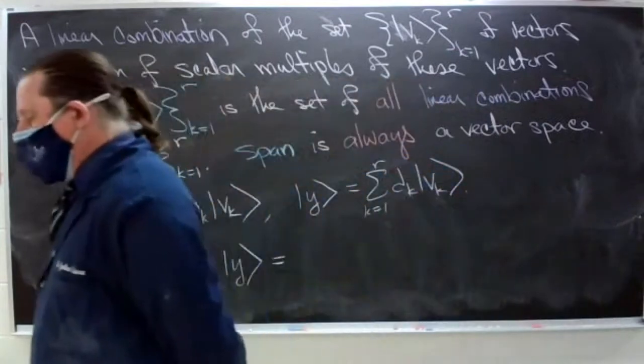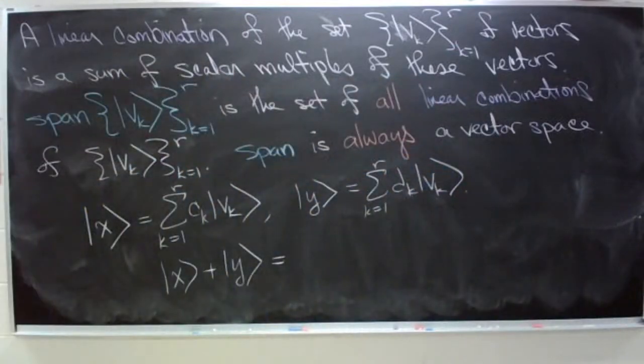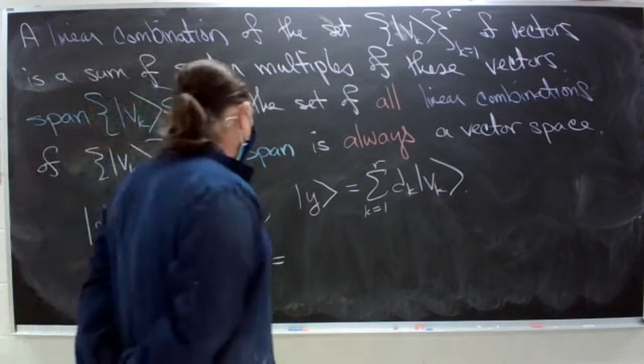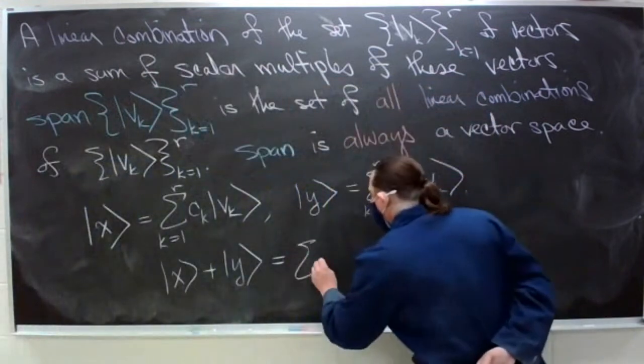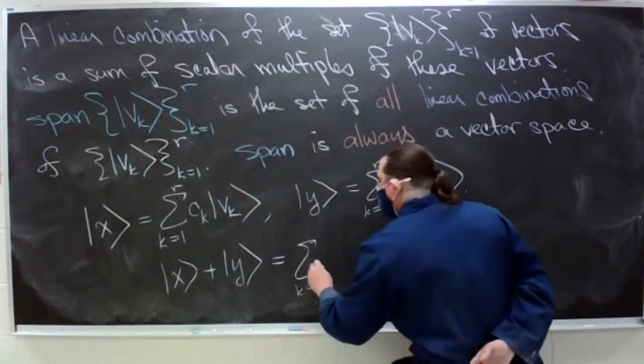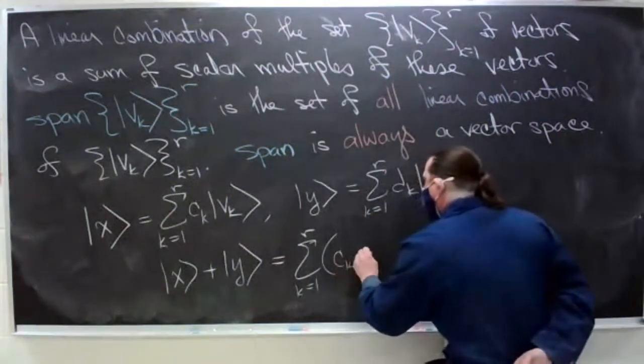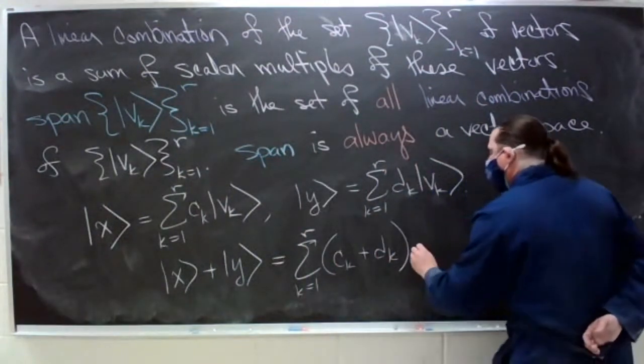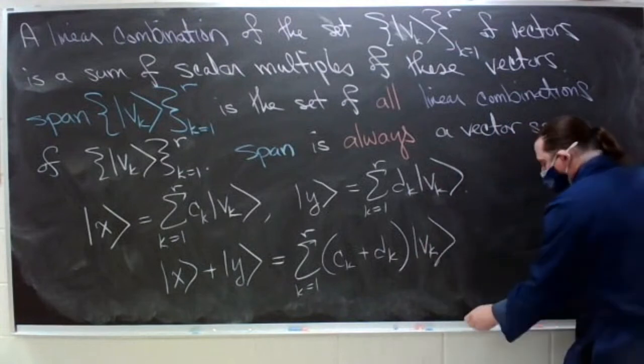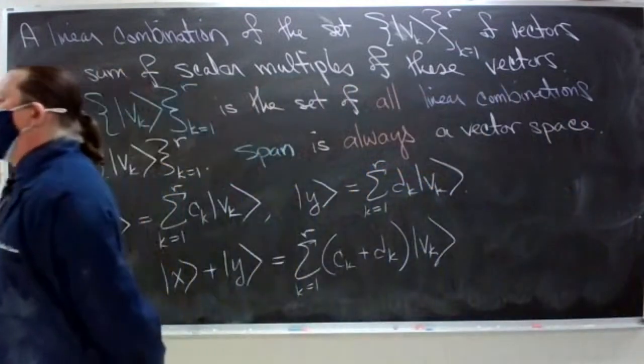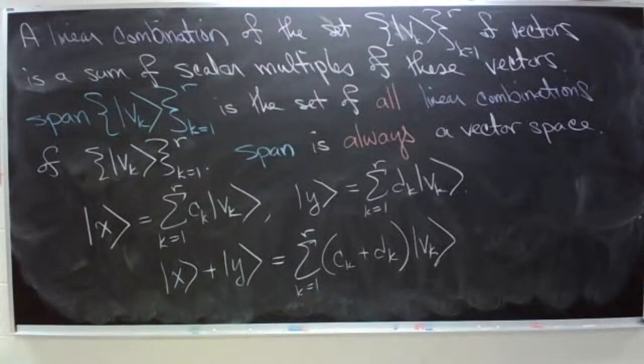Using the commutative, associative, and distributive properties, it's pretty clear that this sum could be rewritten in this way. Now, c_k and d_k are all elements of my field.